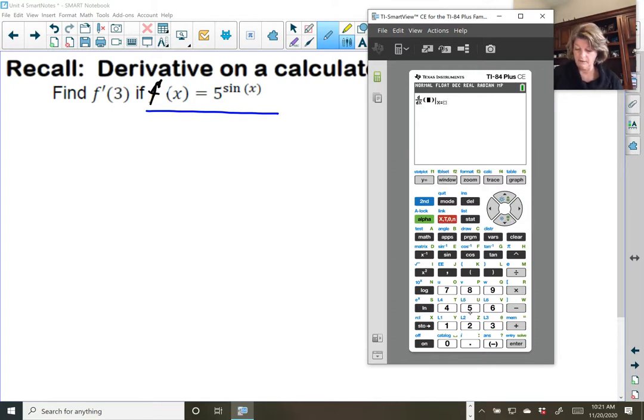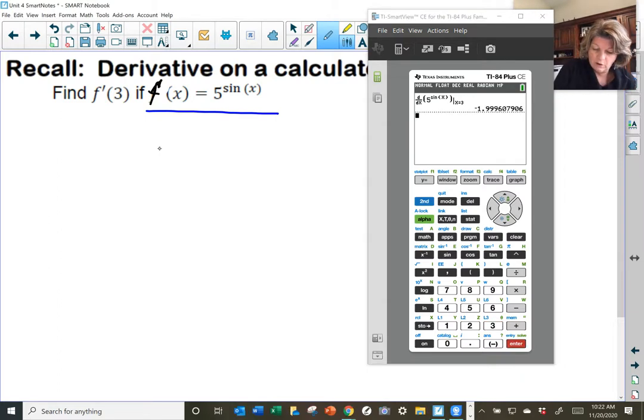And then I'm going to put my function f, or 5 raised to the sine of x. Nope, we're evaluating at 3, so we put the number that we're evaluating right down there. It won't work if you put x there. And I get f prime of 3 is negative 1.999.